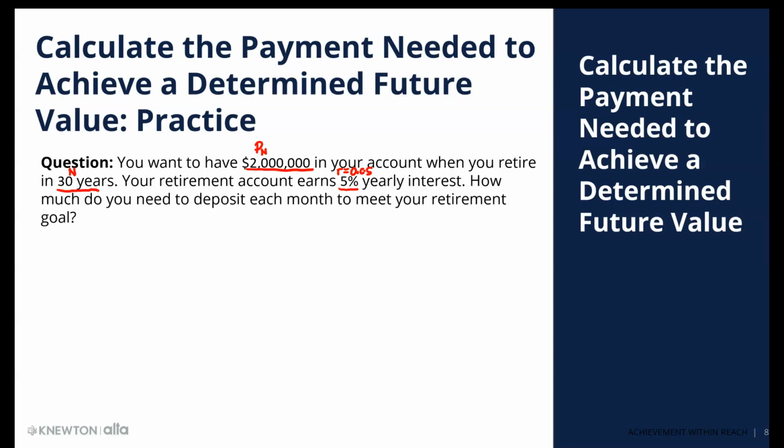You want to know how much you need to deposit each month. So that means K is equal to 12. The number of compounding periods is 12.